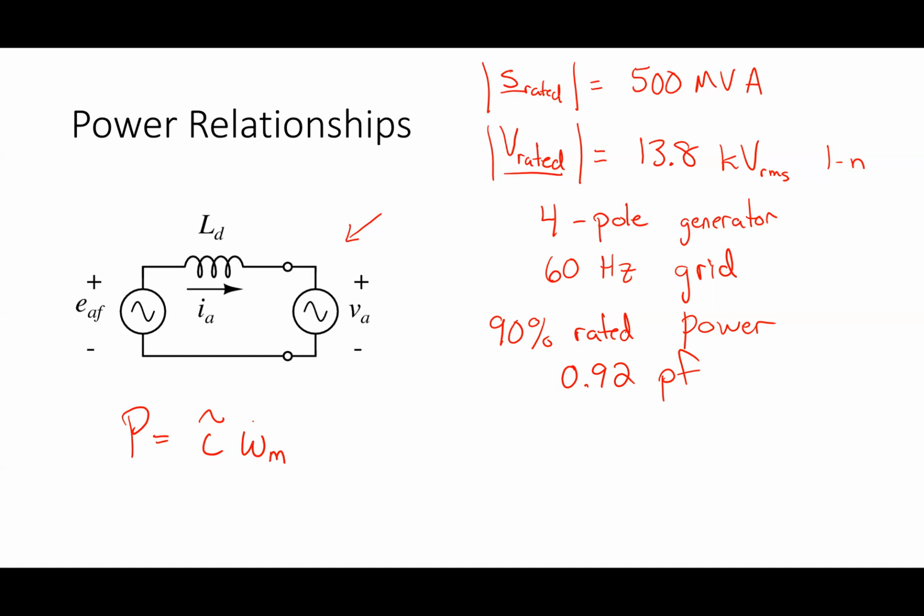What's the mechanical speed of this 4-pole machine on the 60 hertz grid? 30 hertz, right? Because the relationship is that omega is always P over 2 times omega M, okay? So in this particular case, 90% rated power, 0.92 power factor, right?